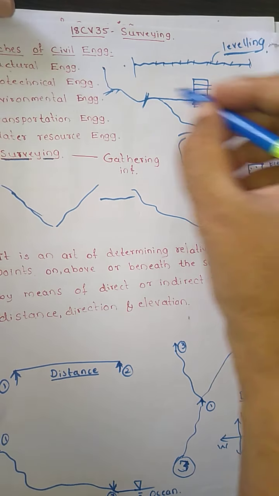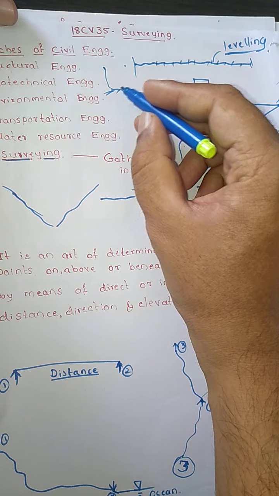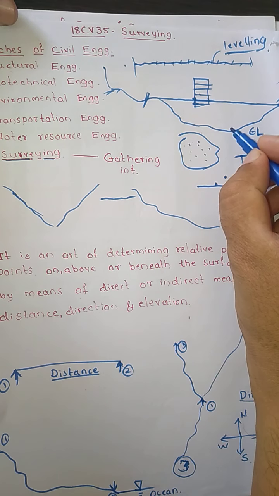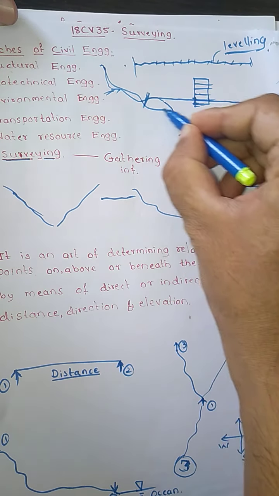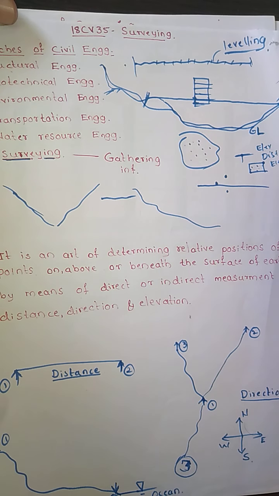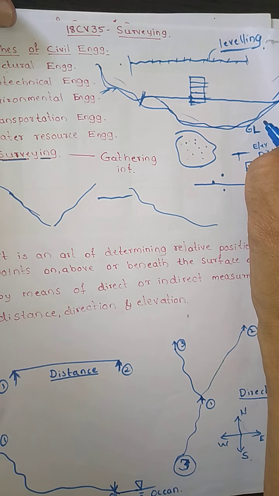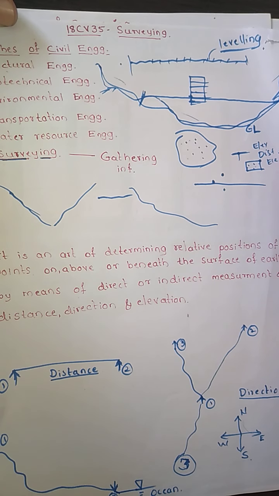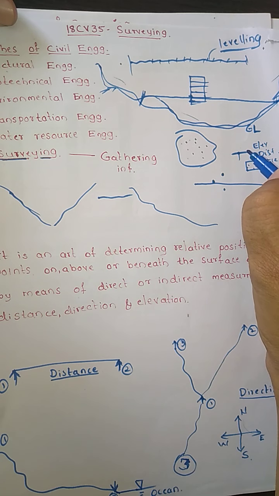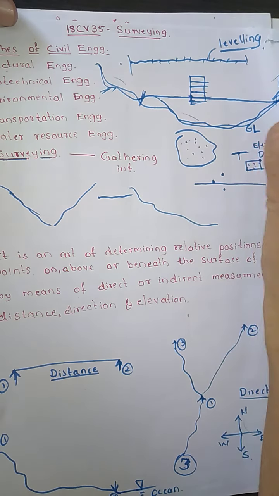But before that, as a civil engineer, suppose this is a land, it is already shown, the land profile. If you want to construct a building on this land profile, we have the tendency to construct a building on a flat surface.